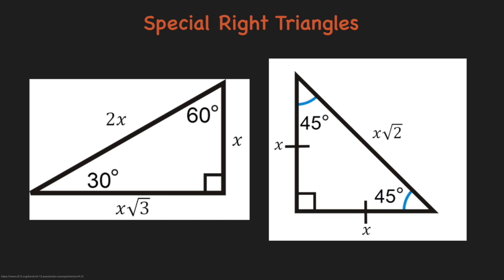So if we look at this triangle on the right side, we have the 45-45-90, and notice the pattern. If you're given x on either leg, then the hypotenuse is just x times the root of 2. Well, in the unit circle, we know that the hypotenuse is 1. That means x is equal to, well, let's solve the equation, 1 divided by the root of 2.